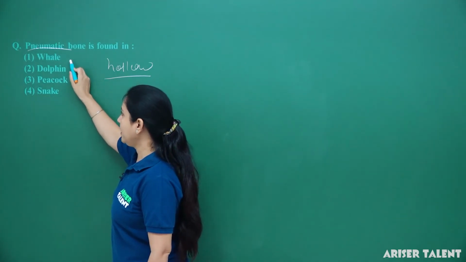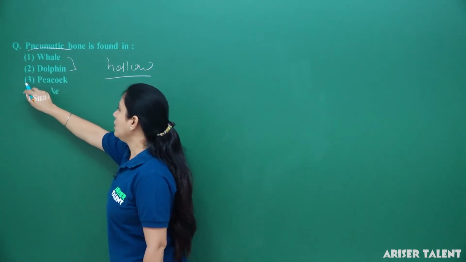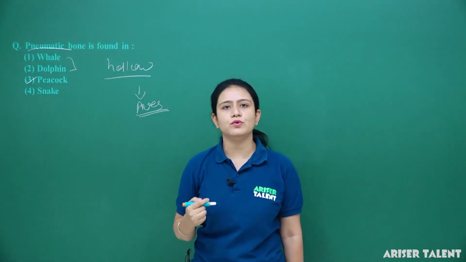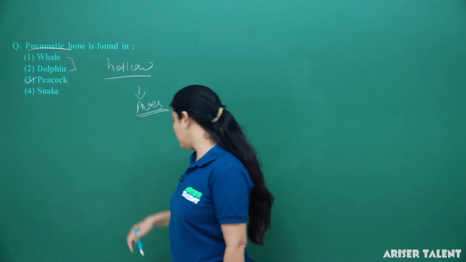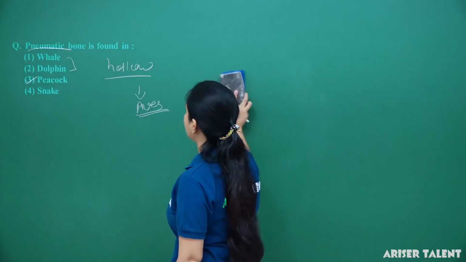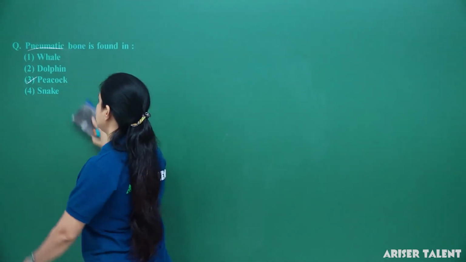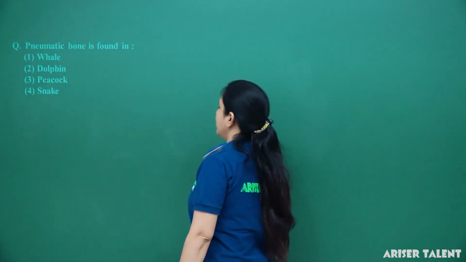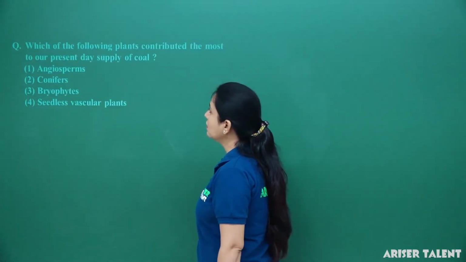Well, dolphin, they are mammals. Peacock, yes, peacock is a bird. So pneumatic bones, meaning hollow bones, are present only in the peacock of the given options. Snake is a reptile, it does not have pneumatic bone. So the correct answer is peacock.